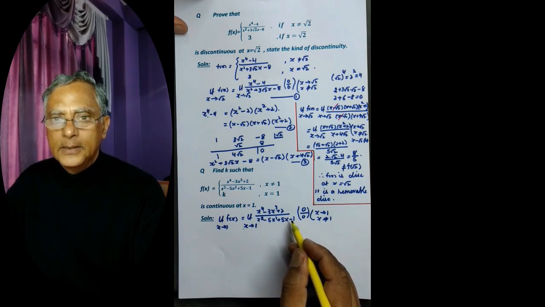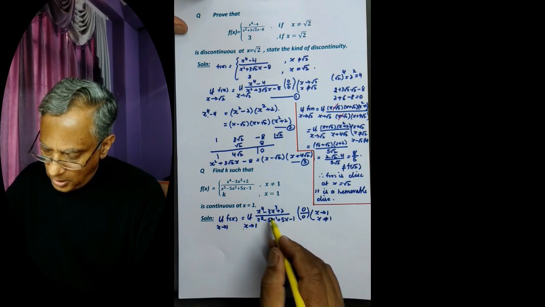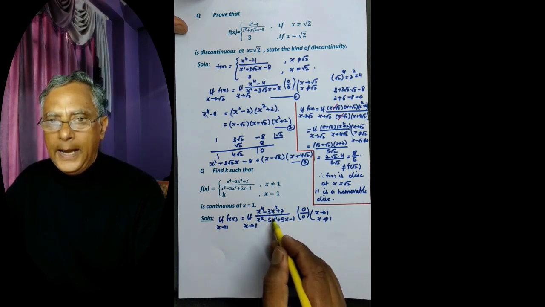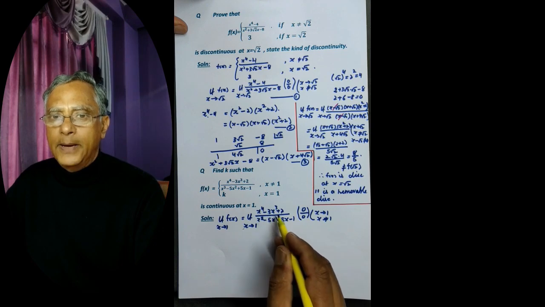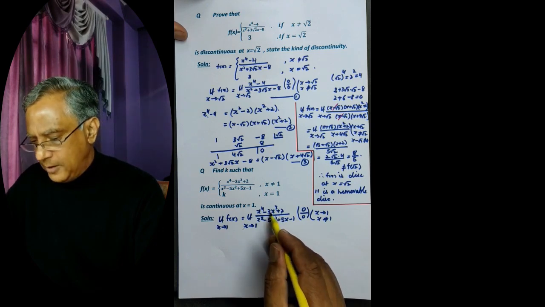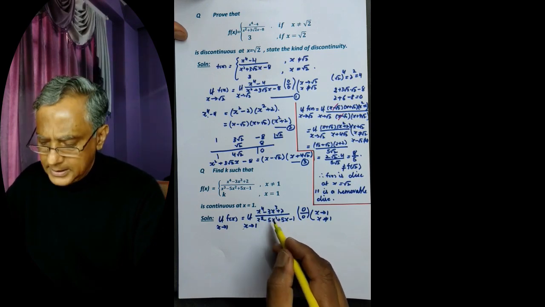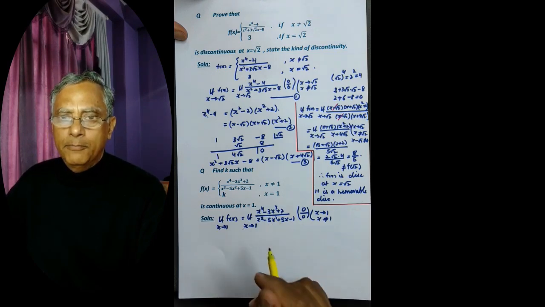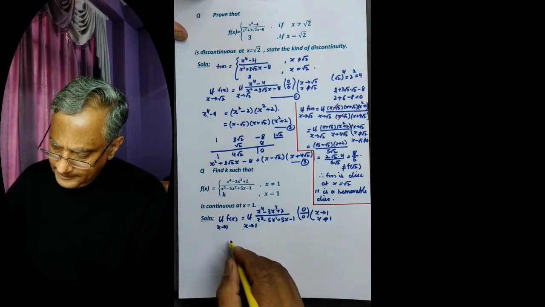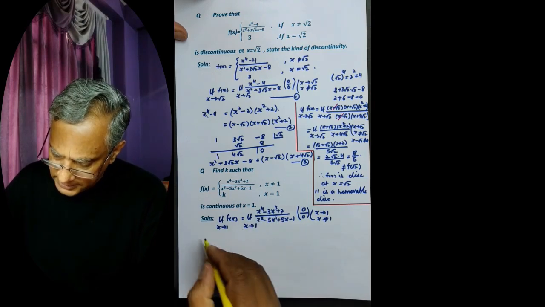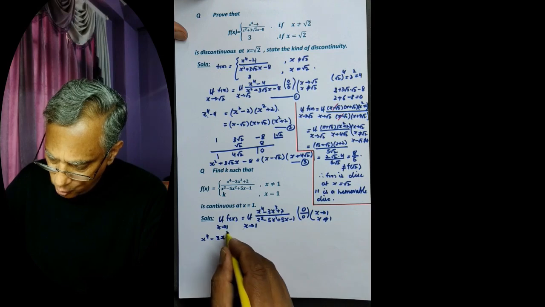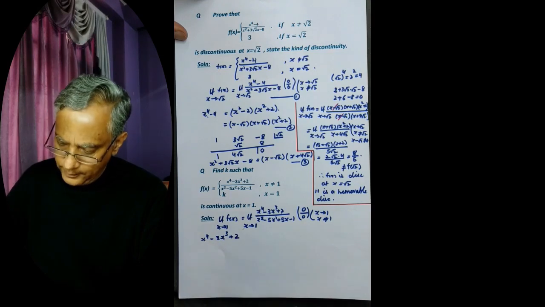Now we factorize these two polynomials and separate the factor x minus 1. You can factorize these by traditional methods. I am using synthetic division for giving you practice. So this is now for this polynomial x^4 minus 3x^3 plus 2.